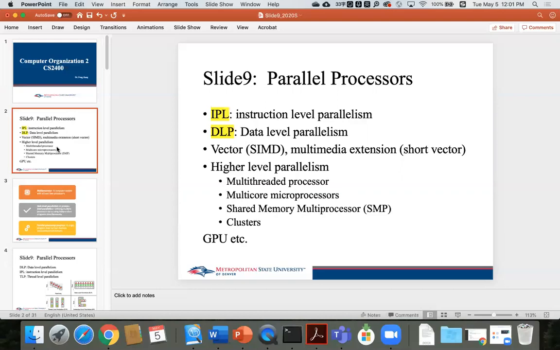Most of them are multi-core processors, right? And some of you may have had the experience of using multi-processors or clusters, or cloud computing resources. All those things belong to the high-level parallelism techniques, from pipeline processor to cloud computing or GPU.